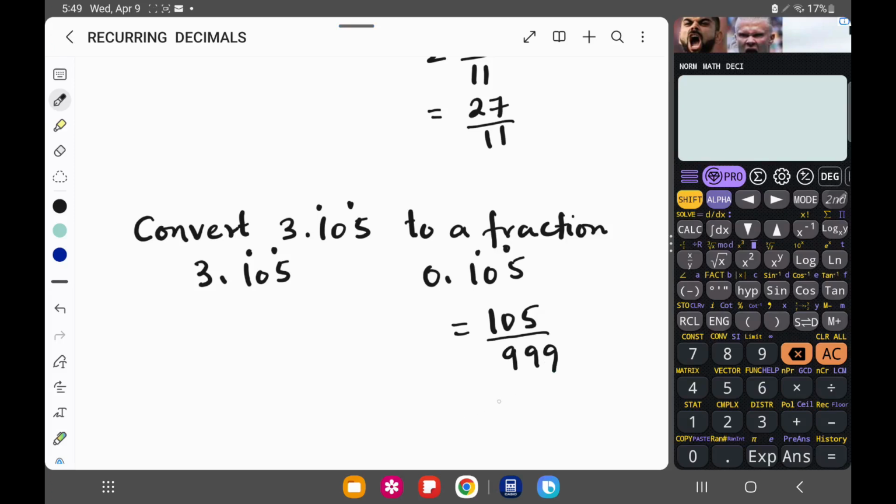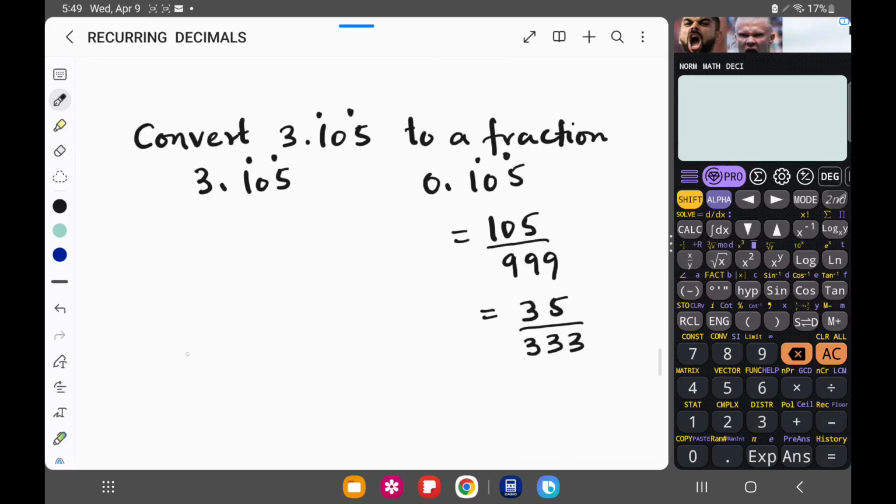Taking the 3 times table, 105 over 999 becomes 35 over 333. So 3.105 can be written as 3 whole 35 over 333.